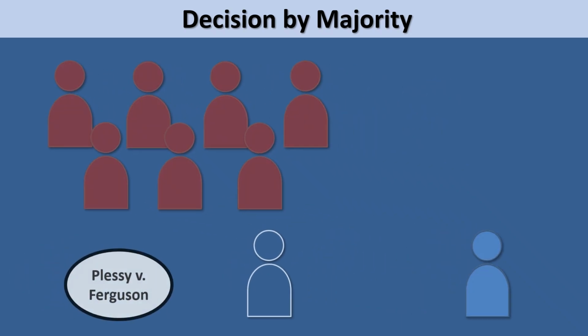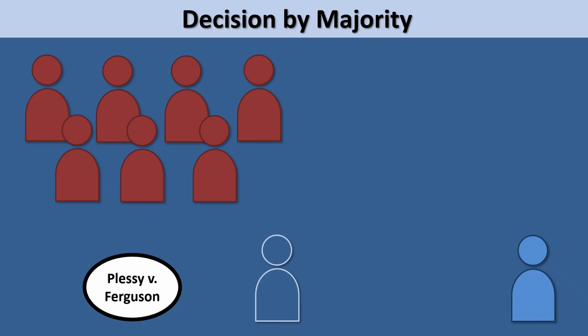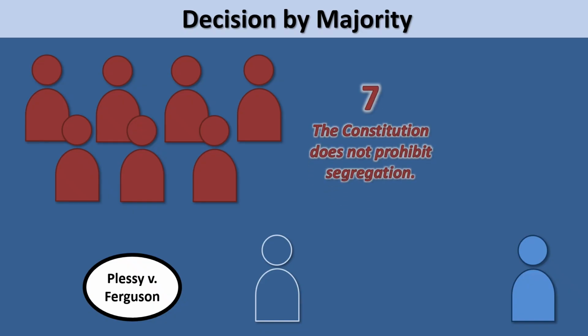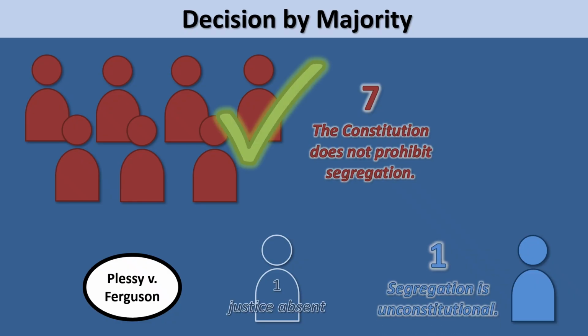In the case of Plessy versus Ferguson, for example, 7 of the 9 Supreme Court justices ruled that state laws requiring segregation on public transportation were not unconstitutional. Even though one justice was absent and one justice disagreed with the others, there was a clear majority opinion. So the government accepted as official the Supreme Court's decision that the Constitution does not prohibit segregation.